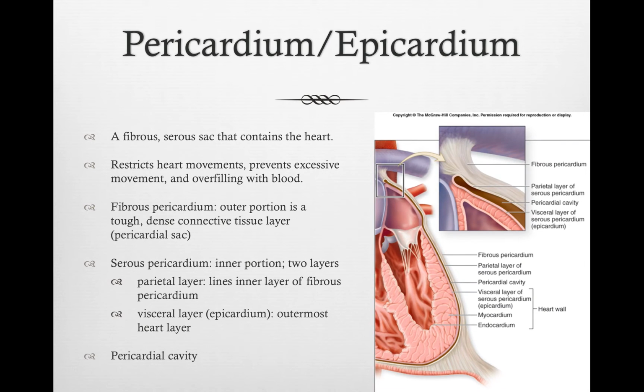Now, let's talk about the pericardium and the epicardium, because these are generally the same thing, and that's where this becomes a bit confusing. So, the heart has a sac around it. That sac is called the pericardial sac. If you're looking at the heart, and it's got a sac around it, so you can't actually see the heart, you can just kind of see its outline within the sac, then you're looking at the parietal pericardium.